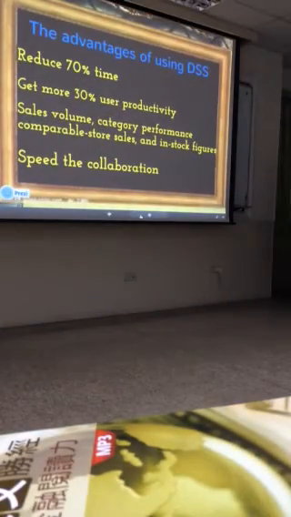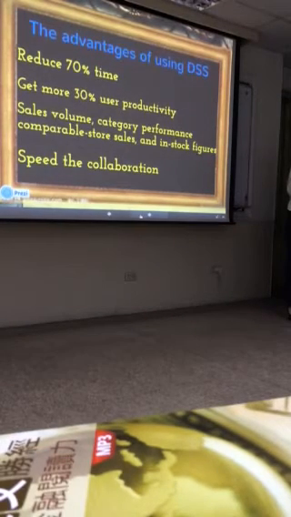Hello everyone, I'm Irene, and now I'm going to talk about the advantages of using DSS. The first one is that when we use the DSS, we can reduce time by 7% because DSS will arrange the information for us.